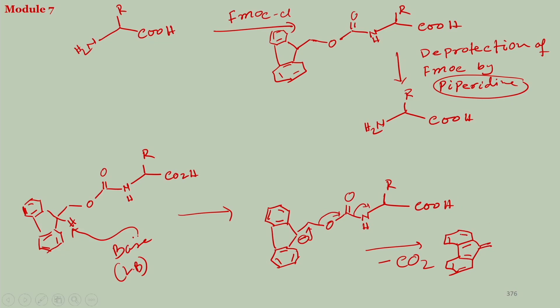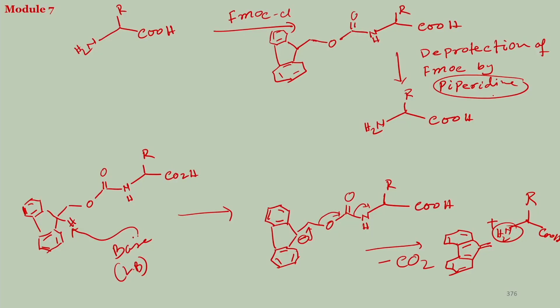This is the intermediate product that is formed. Again this will be reacting with something, if you have the other stuffs, it will give you a stable compound plus your desired free amine. So, that is how the FMOC is deprotected using piperidine.